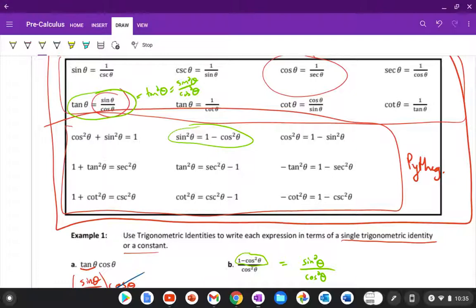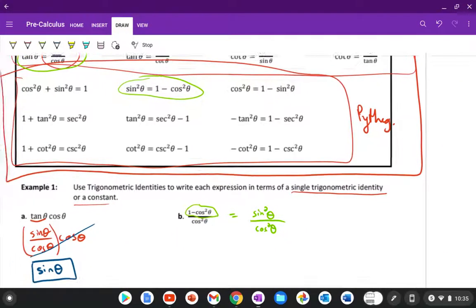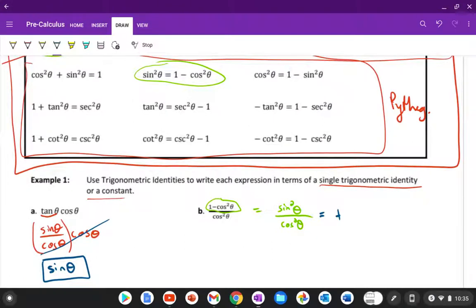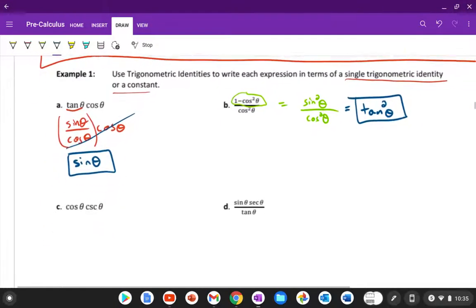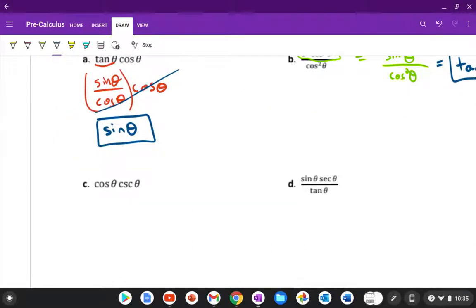If tangent equals sine over cosine, then tangent squared equals sine squared over cosine squared. So this is just tangent squared theta. That's our final answer. So hopefully that's clear. Anytime you see the squareds, you can always replace those with the single if they're both squared. All right, let's go and look at the next one.